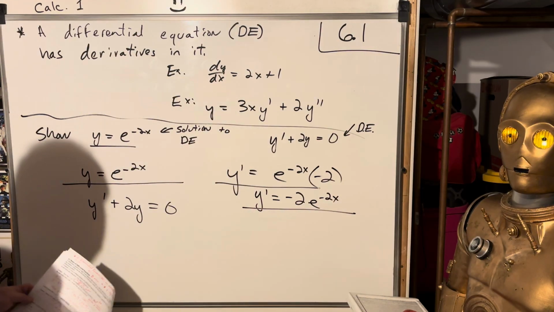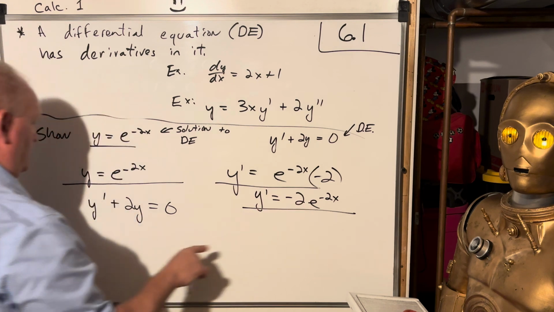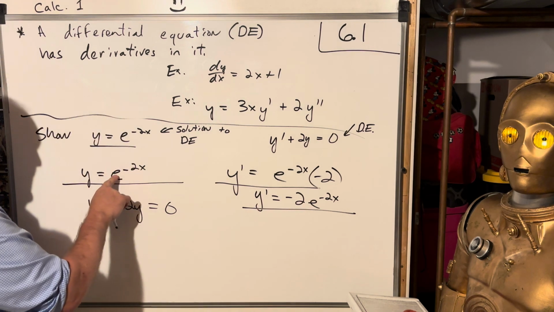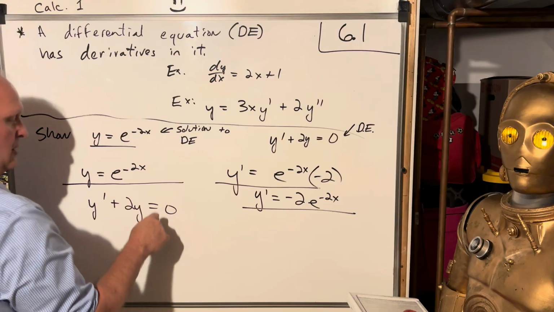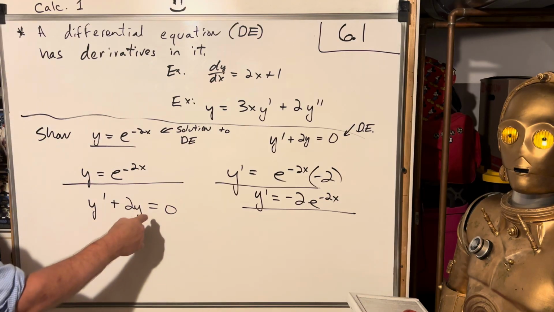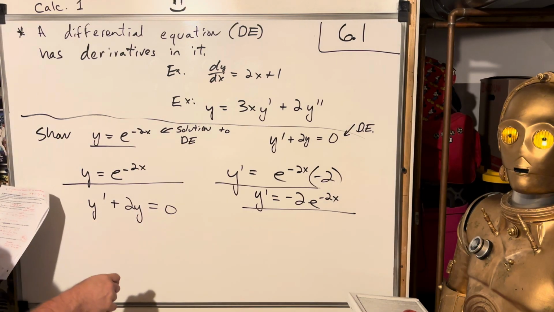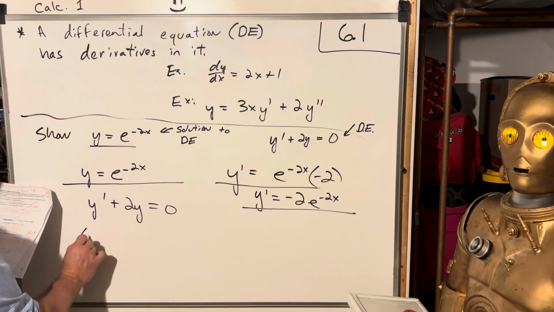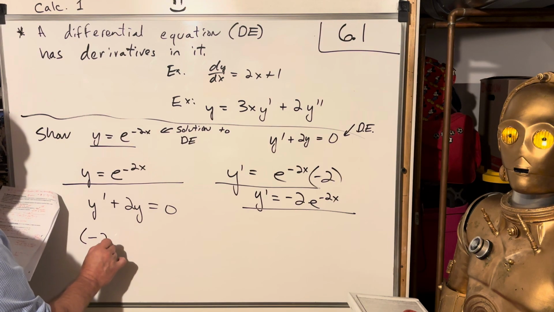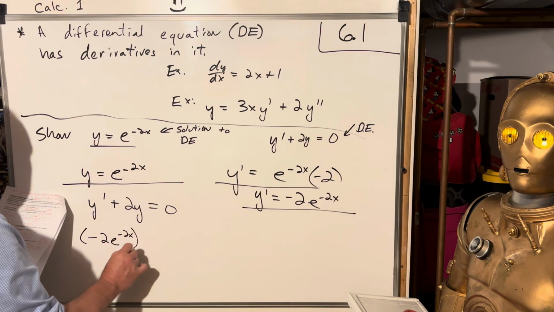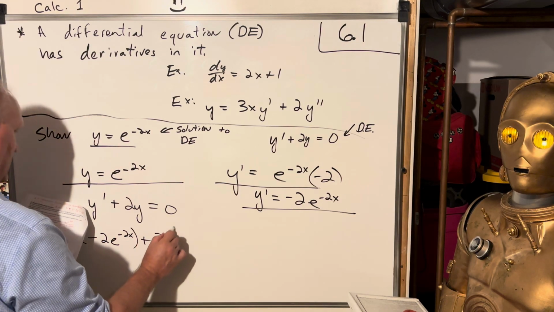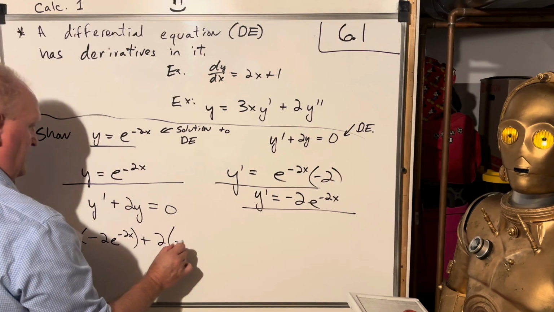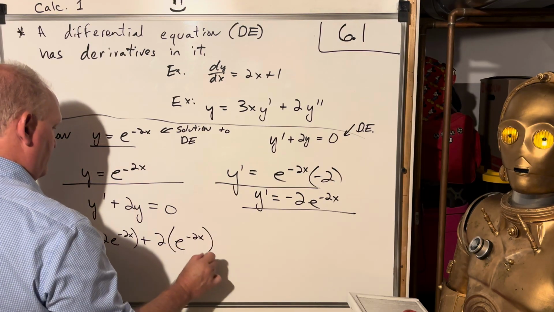Now we take this and put it there, and take that and put it there, and see if we get 0. It doesn't always have to equal 0. It could equal 10 or something else. It's not always 0, but in this example it is. So we plug in negative 2e to the negative 2x plus 2 times e to the negative 2x.